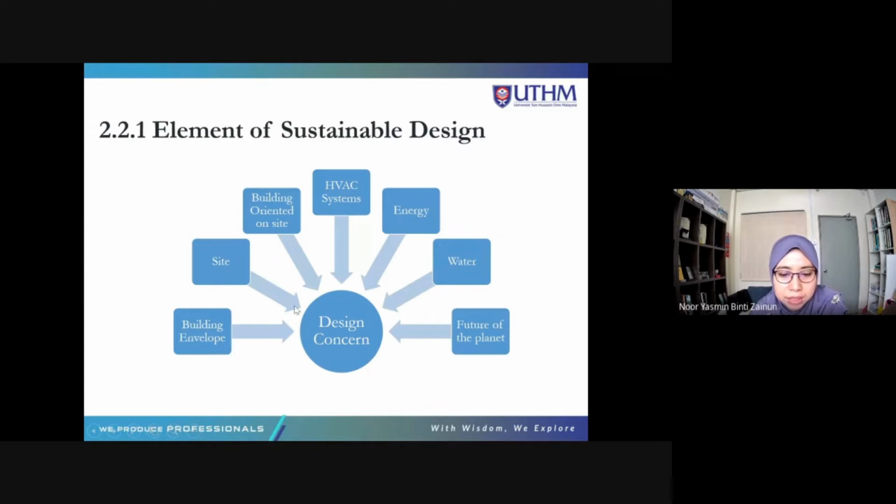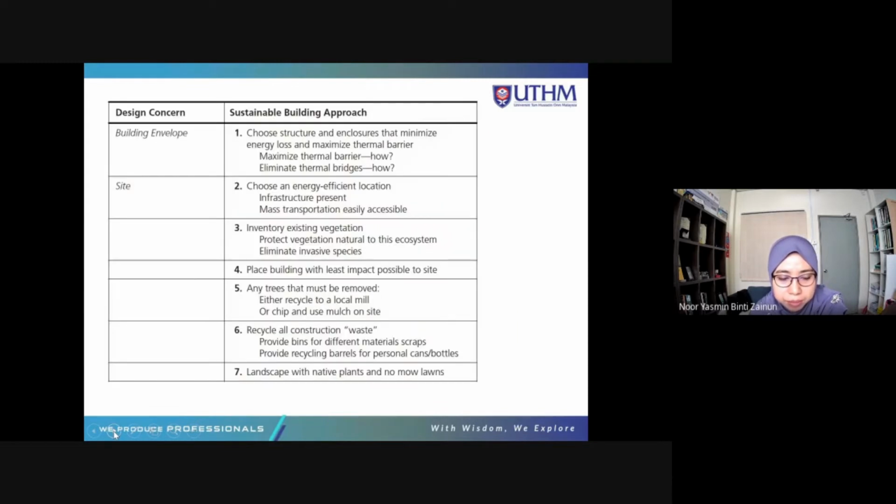So these are the elements of design concern. In the building envelope, for example, the sustainable building approach can be done by choosing structure and enclosure that minimize energy loss and maximize thermal barrier. So how do you maximize thermal barrier, how do you eliminate thermal bridges?